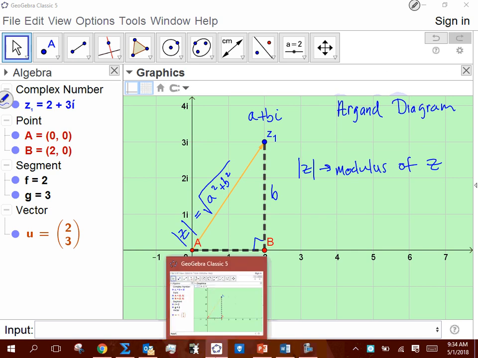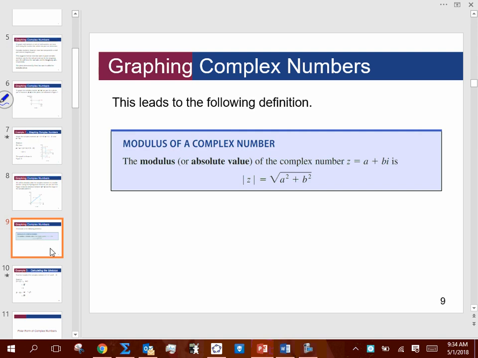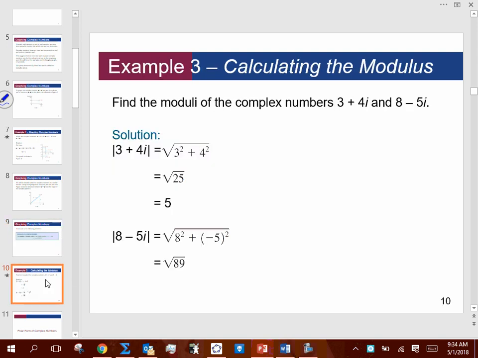All right, so let's talk about the types of questions you're going to see with the modulus. They might do it a couple different ways in regards to notation. They might say if Z equals 3 plus 4i, then find the modulus of Z, or like you're seeing here, they might just replace Z with 3 plus 4i and write it that way.